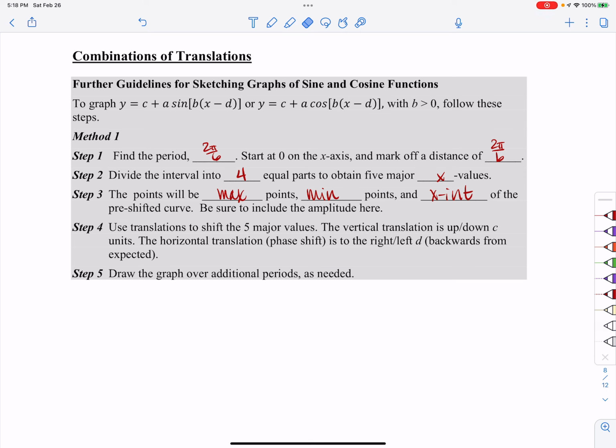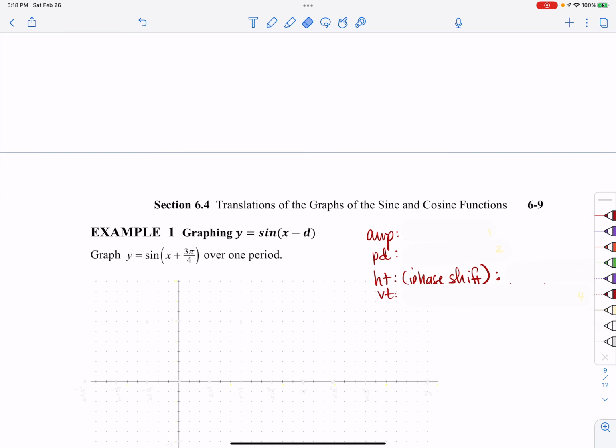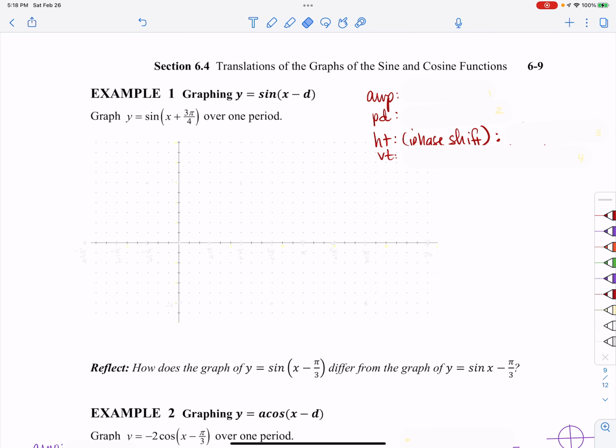Section 6.4, though, says once you have all of that on your graph, then decide whether you're going to shift up, down, right, or left. So you're going to use translations and take your 5 major values and just go right, left, up, or down. And then you'll draw. So let's go ahead. I'm going to do 2 examples in this video and then do the rest in a future video.